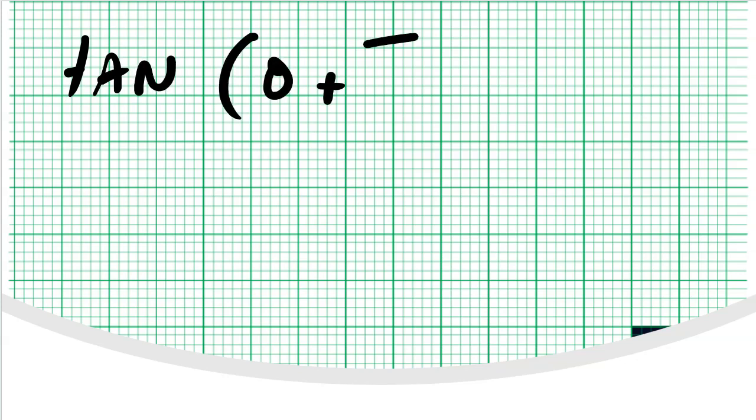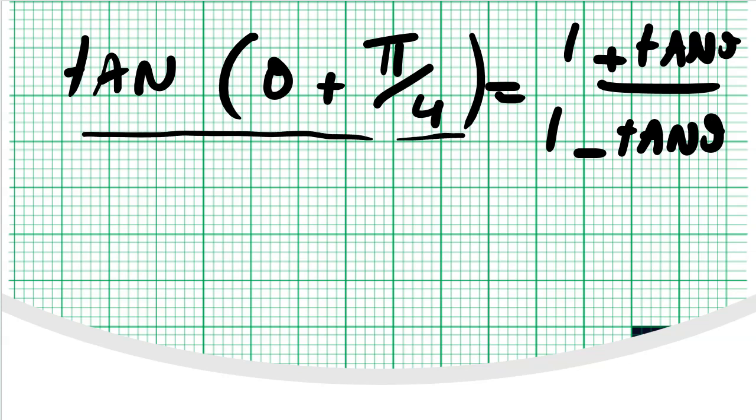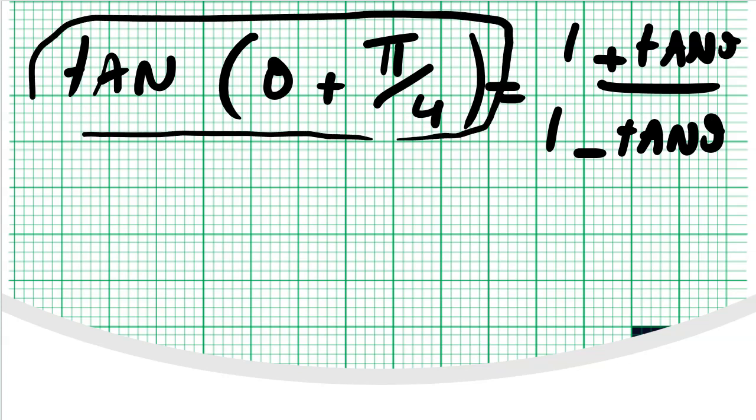How about, let's do this one. Tangent, last one, theta plus pi over 4, equals 1 plus tan theta divided by 1 minus tan theta, okay? And they tell you, prove that the given equations follow an identity. So this is the only one that you had to memorize, tangent of theta plus beta.